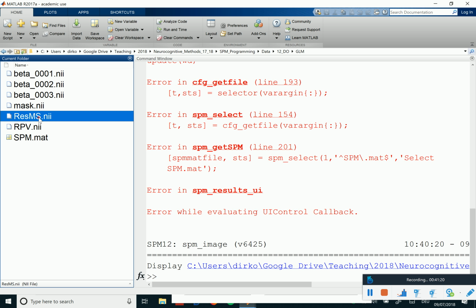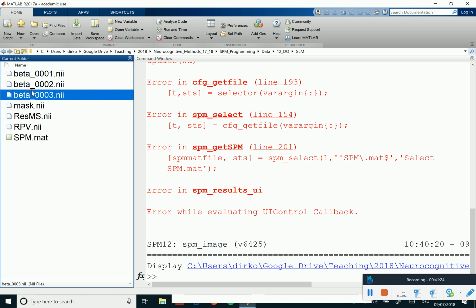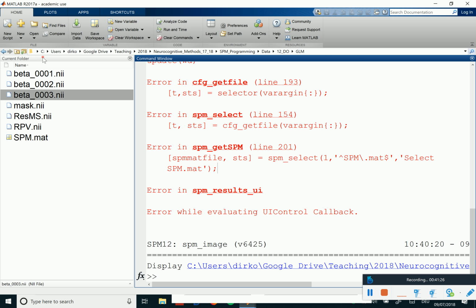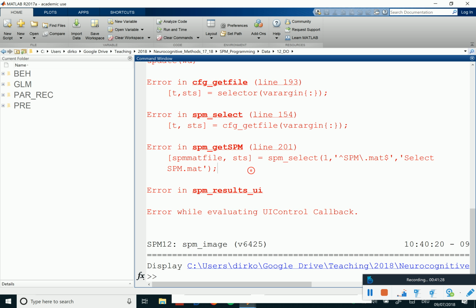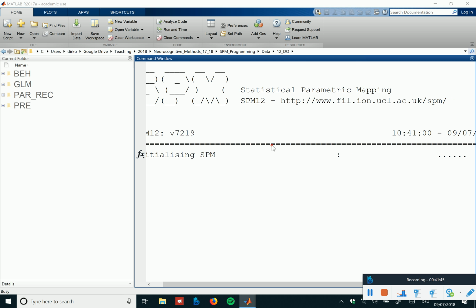Anyway, everybody's only interested in the beta parameters anyway. But based on these estimates, one can then do contrasts, and one can of course do this via the SPM interface, which is what we're doing now.